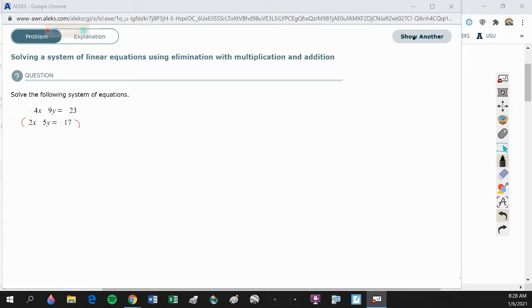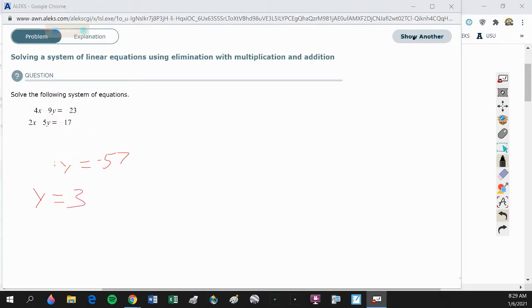So multiply the bottom by 2, and then the top and the bottom will be opposite of each other. So that would be 4x minus 10y equals -34. The x's cancel, and I get -19y is equal to -57. Divide by -19, and y is 3.